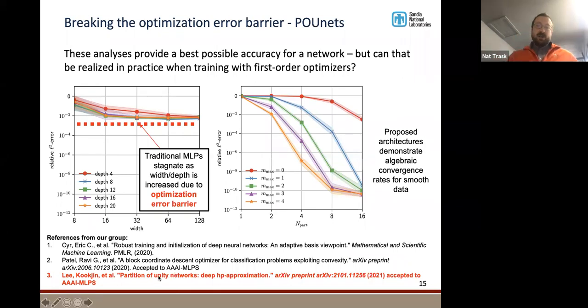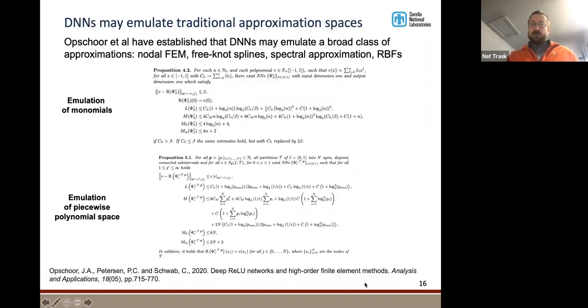But the punchline here is that, like I mentioned, you have this barrier. And now we're going to introduce a special optimizer and architecture, which lets you realize this kind of algebraic hp convergence. If you're interested in details, I'd recommend you check out these papers if you want to see the progression of what led to this.